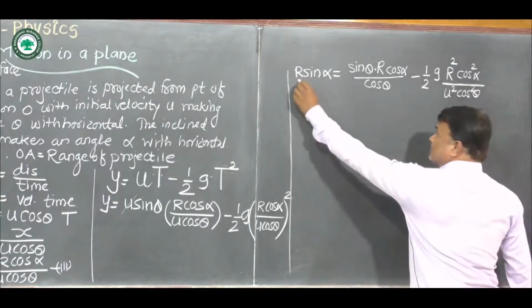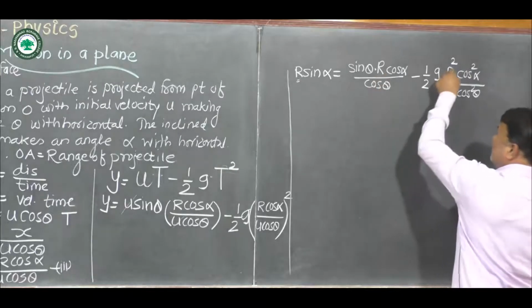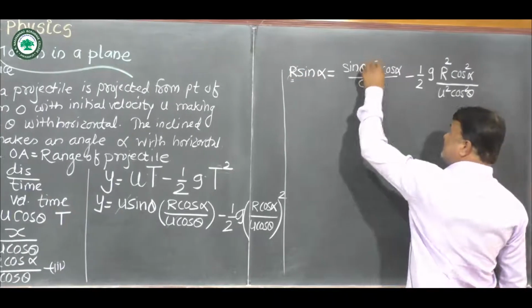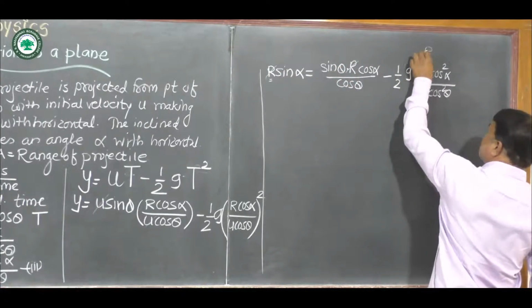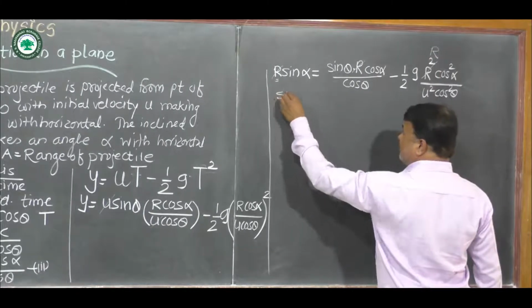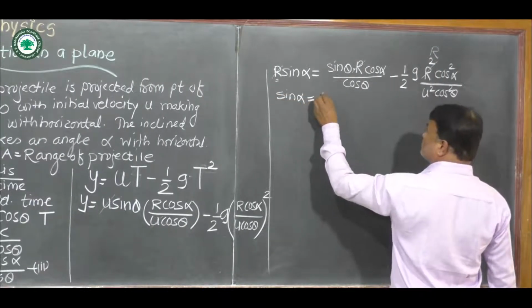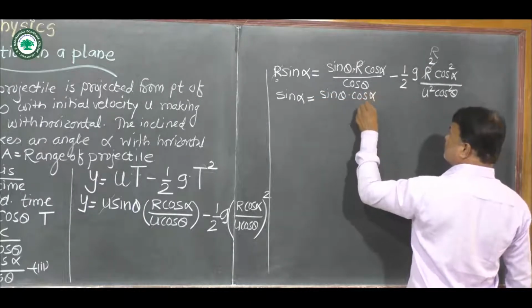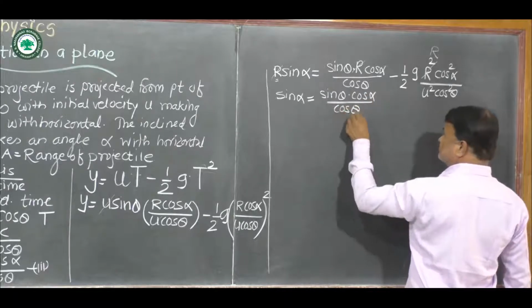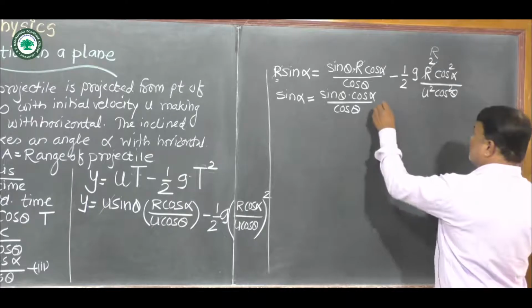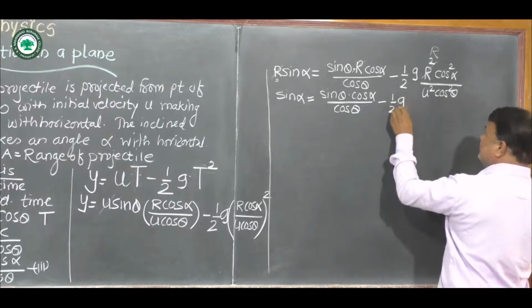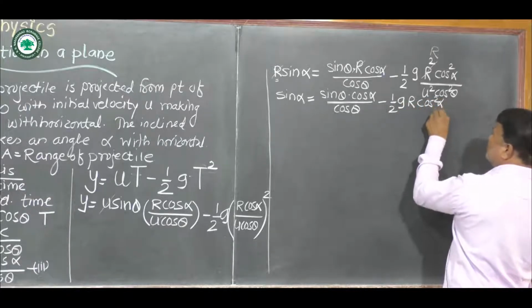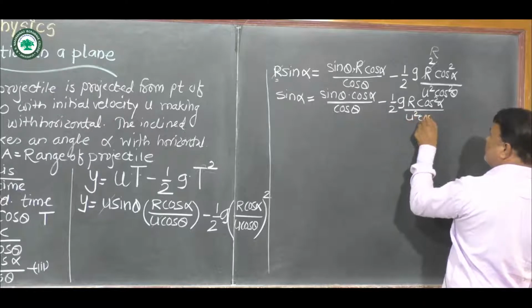Now see here is r, this one is r, and this one is r square. So it gets cancelled. Cancelling this r, remaining here is sin alpha equal to sin theta into cos alpha upon cos theta, minus half g r into cos square alpha upon u square cos square theta.